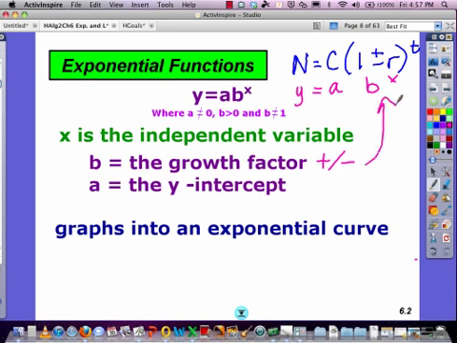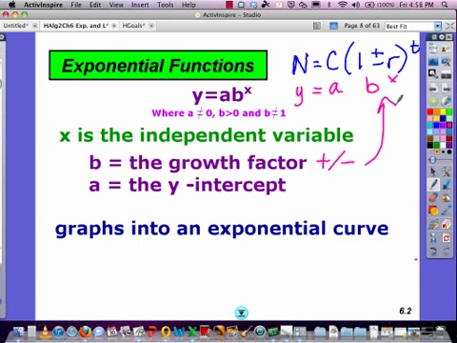Not the value b, but the value that would go in there would dictate that our growth is bigger than 1 or less than 1. Therefore, it's a growth situation or a decay situation. Then a, we're going to call our y-intercept. We might even call it our original value when we talk about the equation here in a minute.